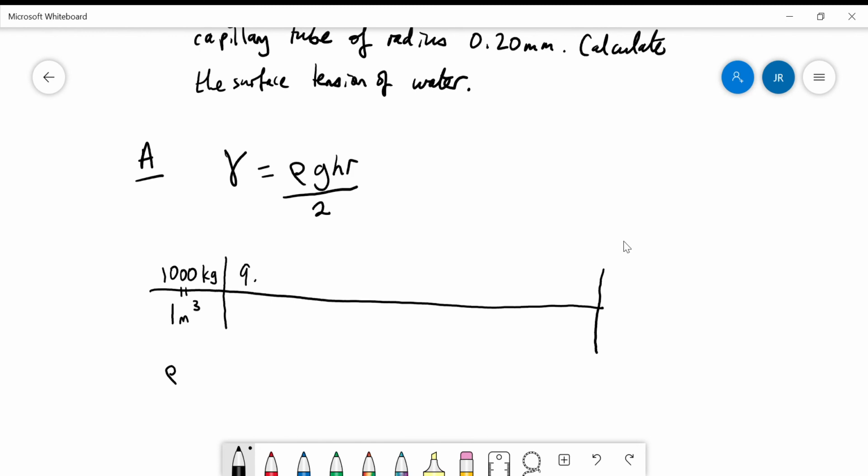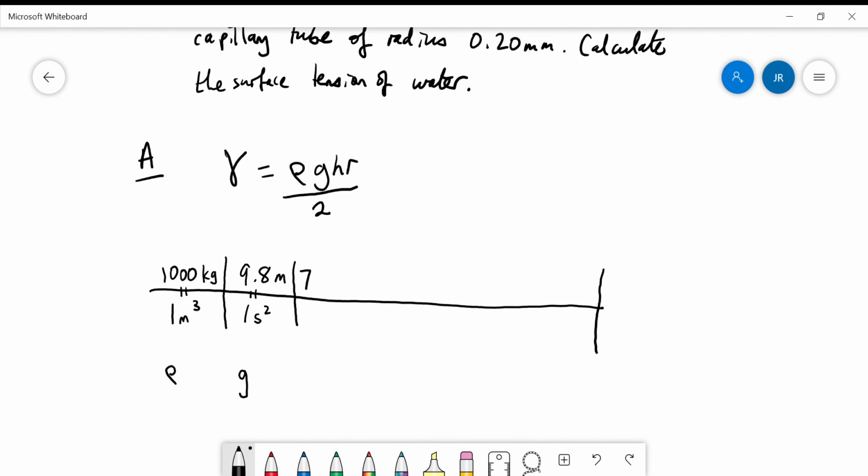I know that 9.8 meters is the distance traveled in 1 second squared. That's the acceleration. That's g on this planet, 9.8 meter per second squared. From the question, I had 7.36 centimeter. That was the height, and we need that in meters.